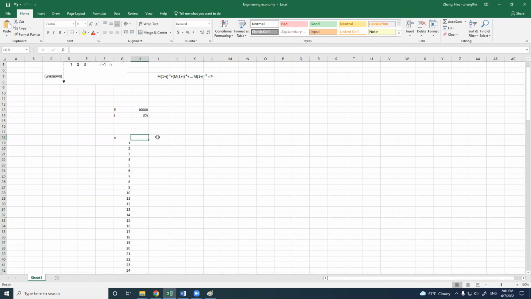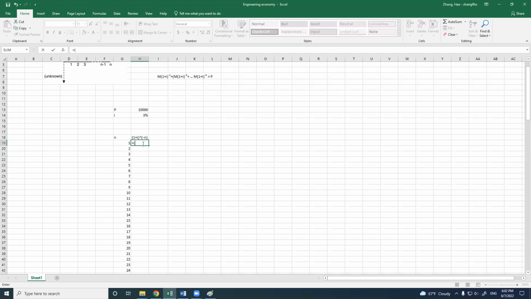Then here we want to find out the value of 1 plus I to the power of negative N. Sorry, negative N. Okay, so this will be the value. Now what we want to do is put the equation here.